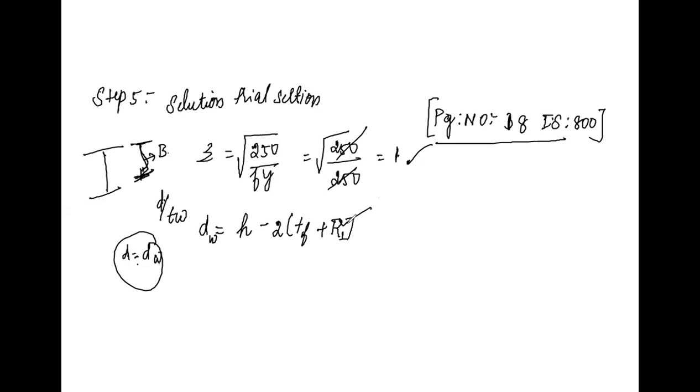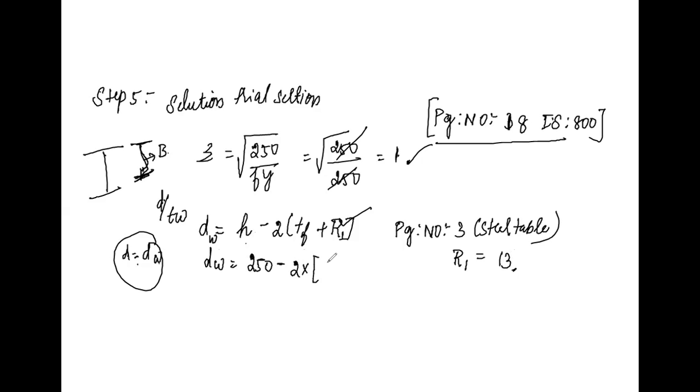The value of R1 is taken from page number 3 of the steel table. In the steel table, the value of R1 is 13. Refer to the steel table. DW is equal to, and the value of H is 250.